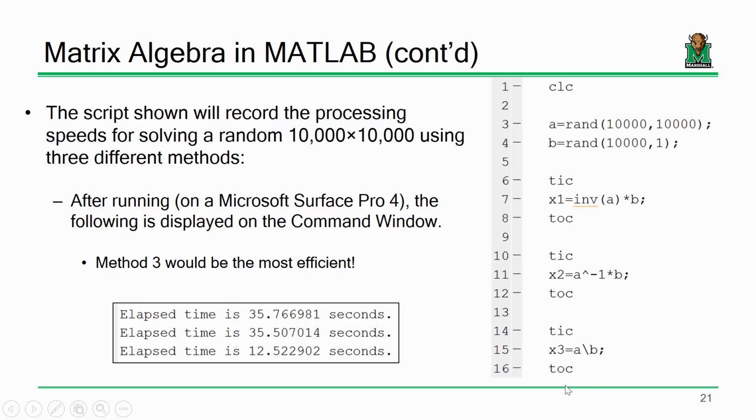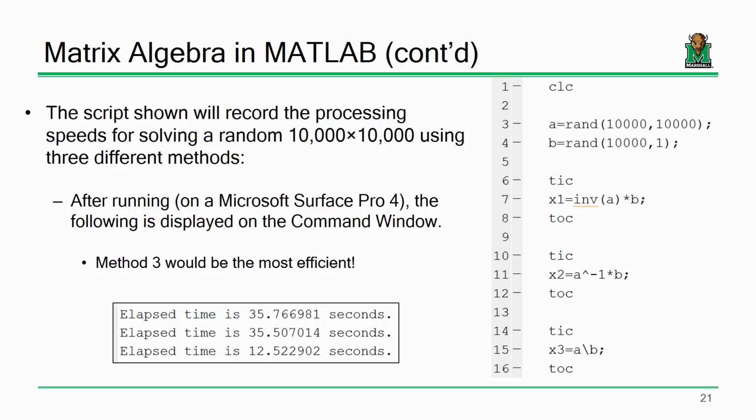Let's create a script that creates a 10,000 by 10,000 size matrix, and that's A. And then B is going to be 10,000 rows, but just a single column, filled in with random numbers.